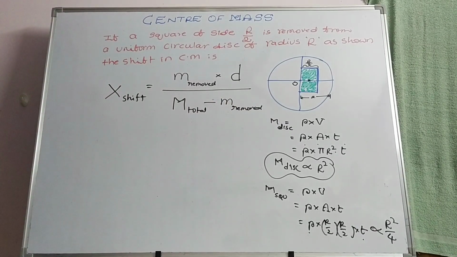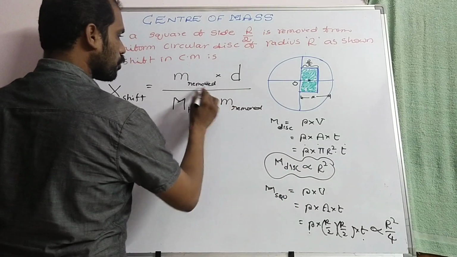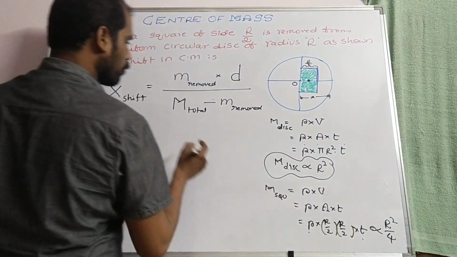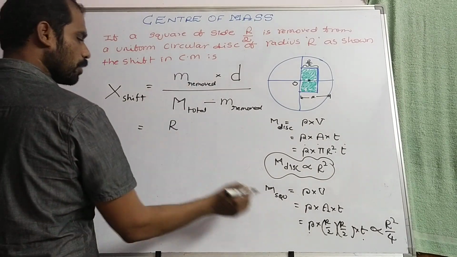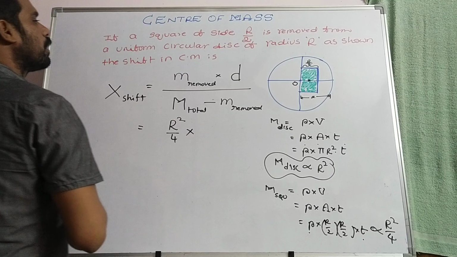Now what about the mass of the removed part? The mass of the removed square shape is proportional to r square by 4. That's why instead of m removed, I will write r square by 4 into distance d.